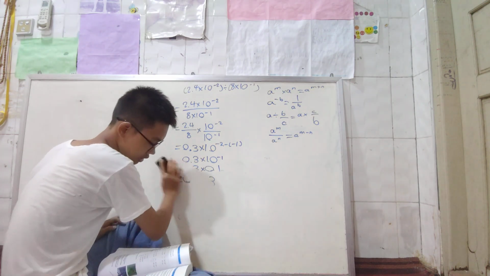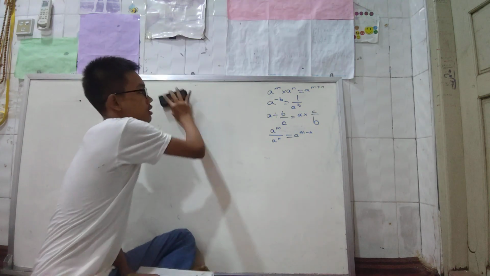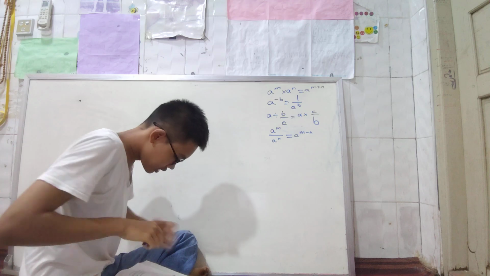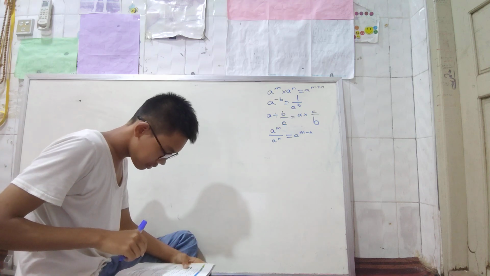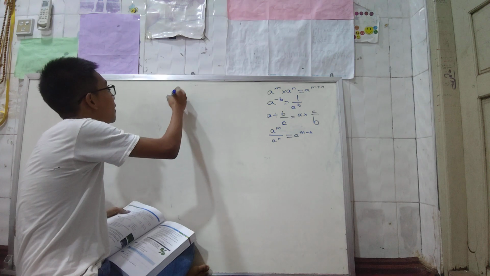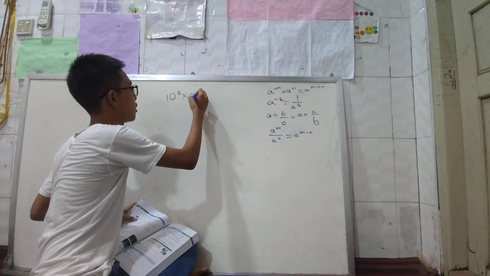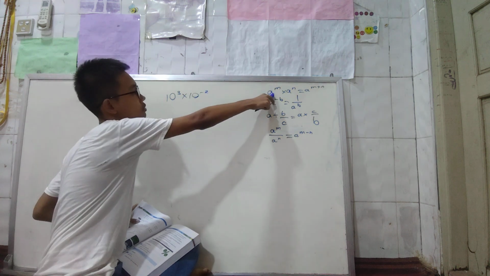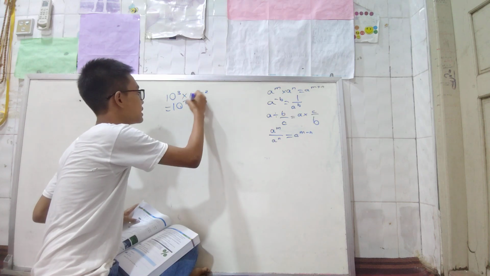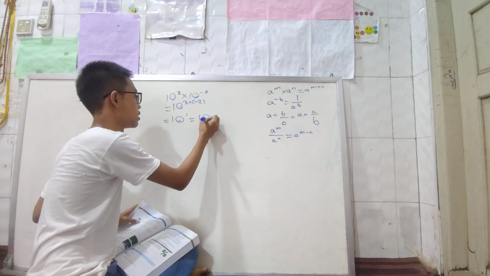So we're going to exercise 2 star. Number 1 is write each as an ordinary number. So 10 to the power of 3 multiplied by 10 to the power of minus 2. Again, we're going to use this rule: 10 to the power of 3 plus minus 2, which is essentially 10 to the power of 1, which is 10.